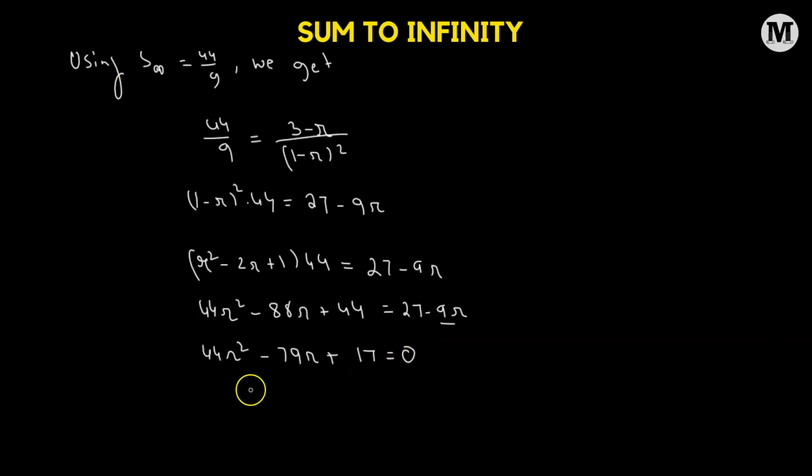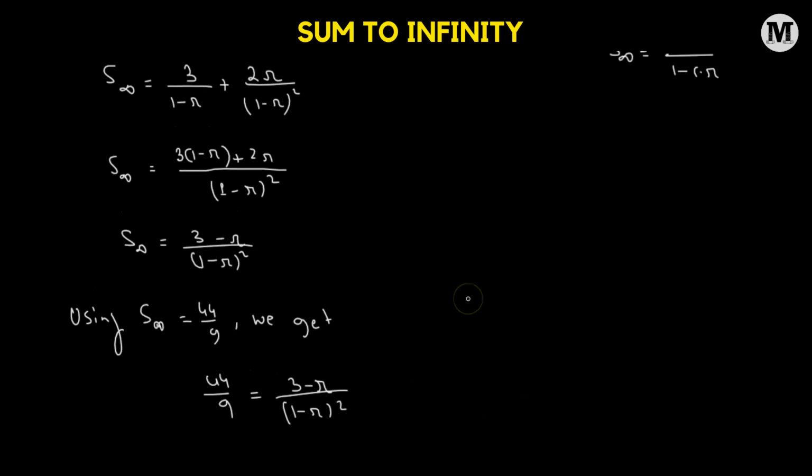Now this is a standard quadratic equation. We can either use the quadratic formula or we can factorize it to obtain the value of R, which I'm leaving as an exercise for you to try out. So R comes out to be equal to 1 over 4, or it comes out to be equal to 17 over 14. However, of the two values of R, we have to reject 17 over 14 because this particular value tells us that R is greater than 1.